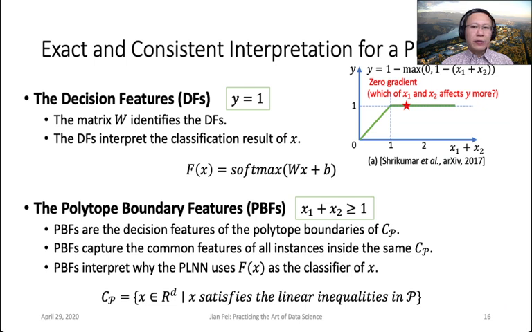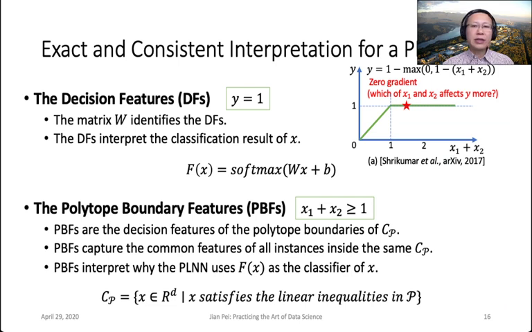So in summary, our method interprets PLNN by two types of features. The first type is the decision features identified by the matrix W of this classification function fx. These features interpret the classification result of X. The second type is the polytope boundary features, which are the decision features of the polytope boundaries.